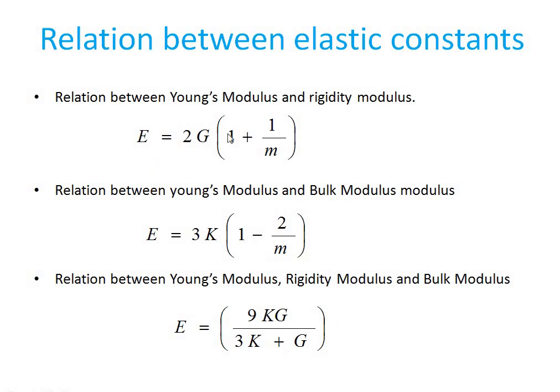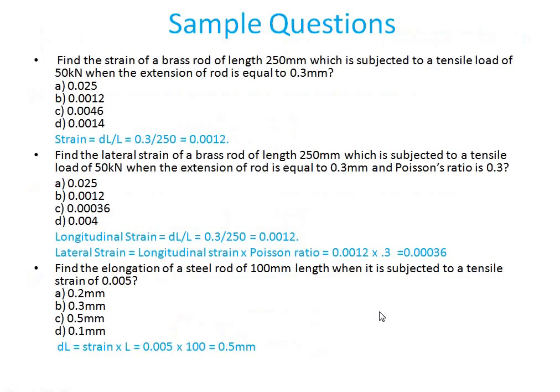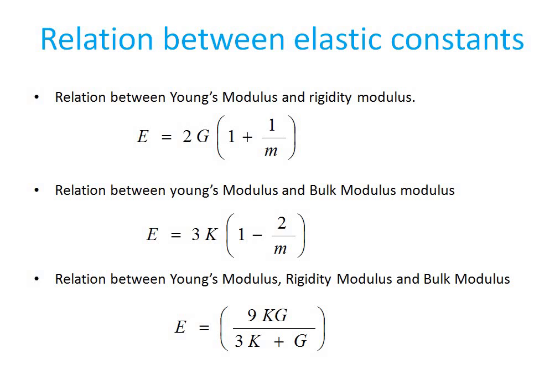E is equal to 2G into 1 plus 1 by m. The relation between Young's modulus and bulk modulus is E is equal to 3K into 1 minus 2 by m. And the relation between Young's modulus, rigidity modulus and bulk modulus is E is equal to 9KG by 3K plus G. I hope I have covered the portions in relation with load, stress, strain and elastic constants.